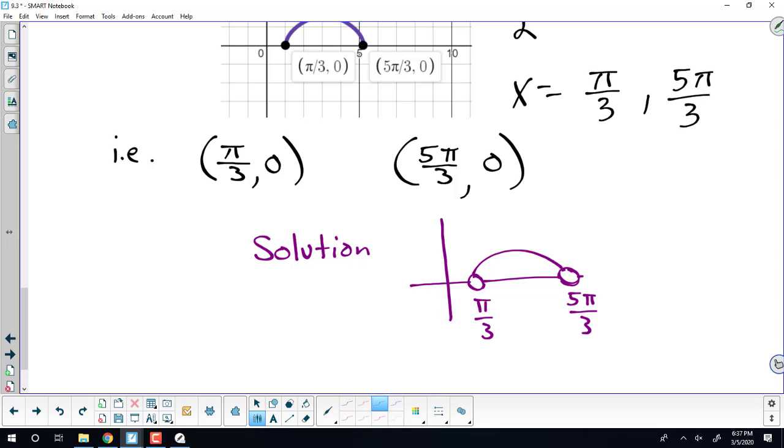So that's what our solution would look like. It's not the bottom half of the round thing.